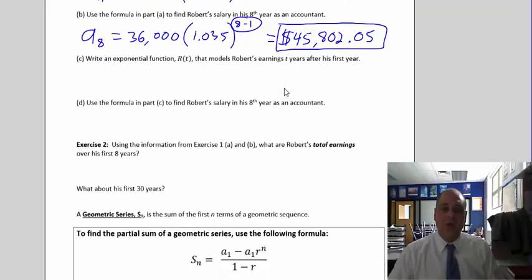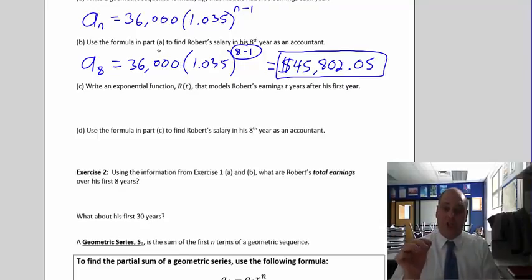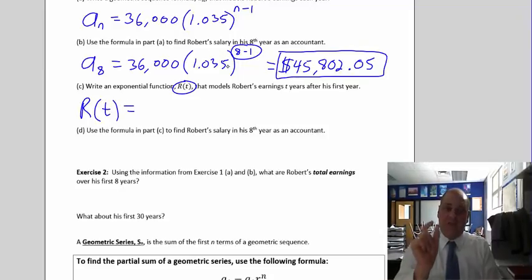Now, what we want to do is write this relationship as a function, calling it R of t, Robert's salary as a function of time. So we're going to say R of t equals, and it's going to be an exponential function, so we have to have something times something raised, right?